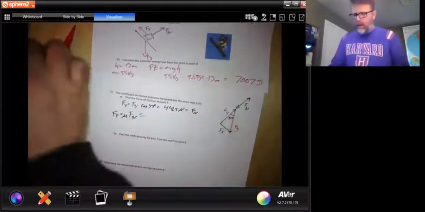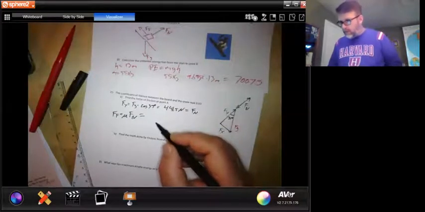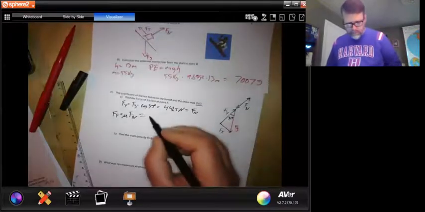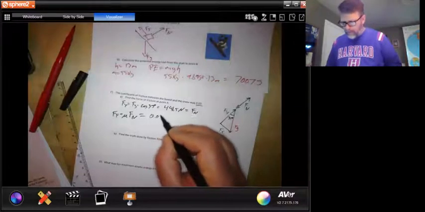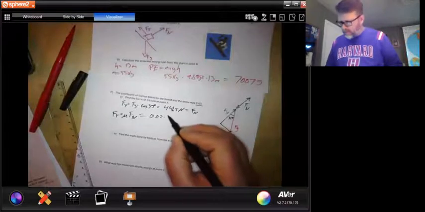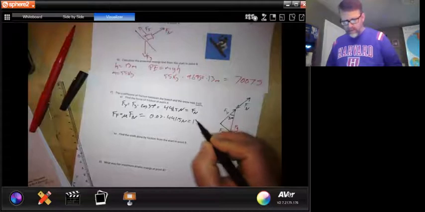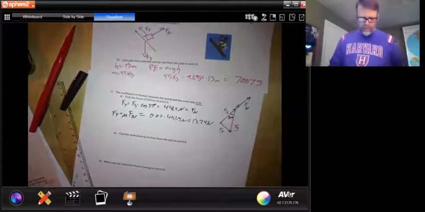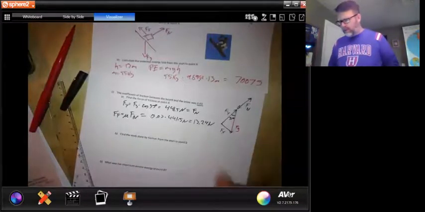Our mu, going all the way back to the beginning, was 0.03, times that 1.5. And that is 13.24 newtons. So that takes us through the next one.